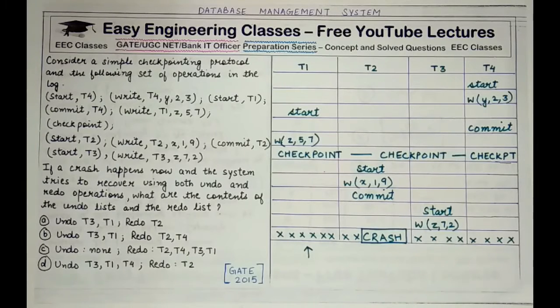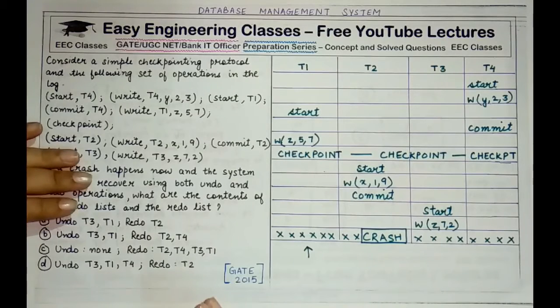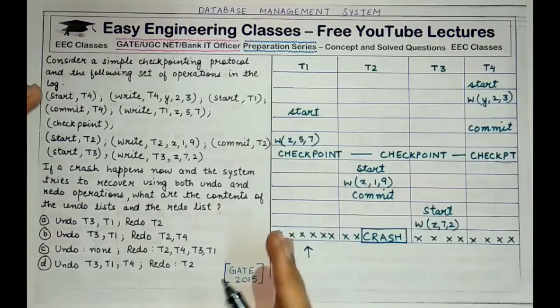That means redo these completed transactions when a crash happens, so that we can restore the database to its correct form. Okay, so to classify which operations are in the undo list and in the redo list, see which transaction out of these 4 committed and which did not.